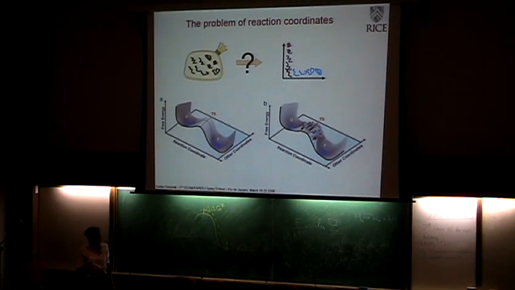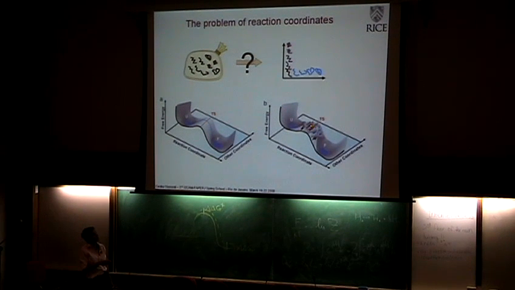This is a figure I stole from a recent paper from Peter Wolynes's group. If we have this coordinate, we can order all our configurations in protein folding reactions such that if you follow a trajectory, and you have a particularly smooth landscape, the system spends a lot of time here, and then at a certain point there is a real event, it goes over the landscape and goes to the other side.